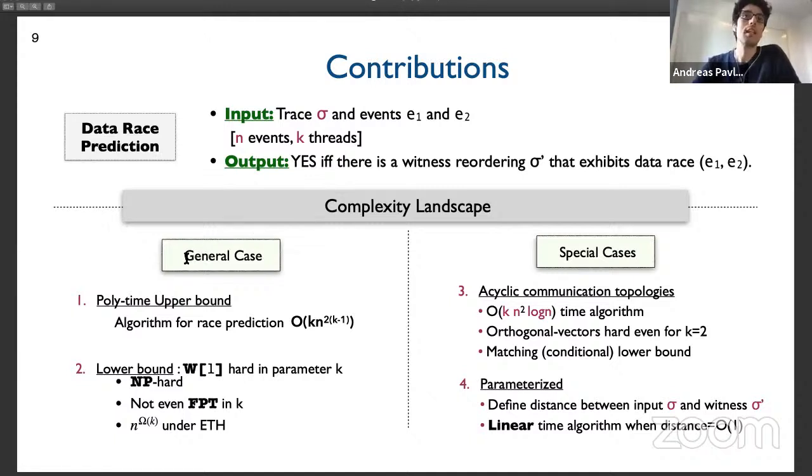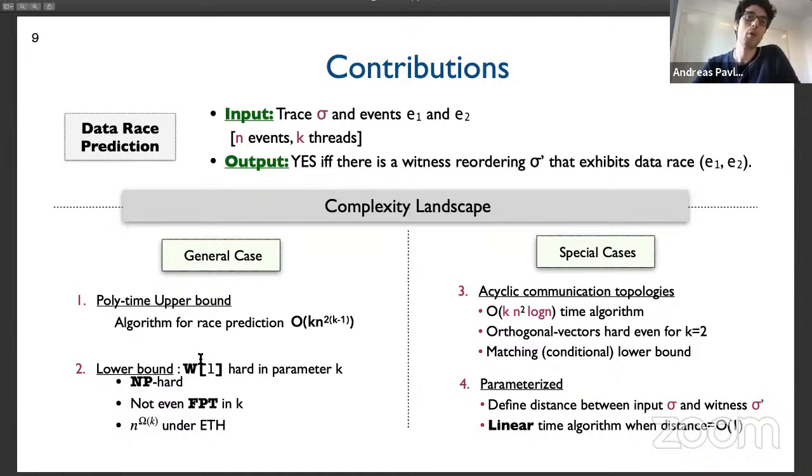First we study the general case, and we establish an upper bound of time roughly n to the 2k for n events and k threads. So this is exponential in k, but it becomes polynomial when you only have a few threads.